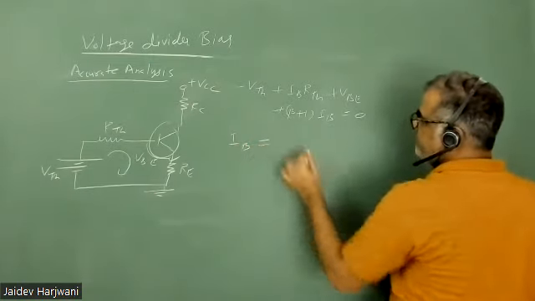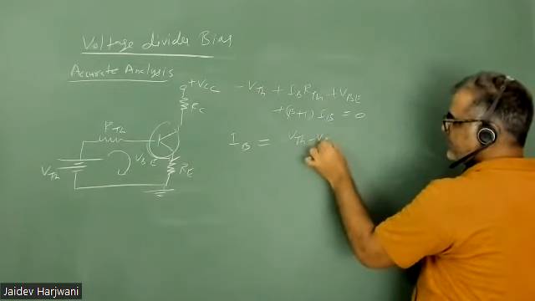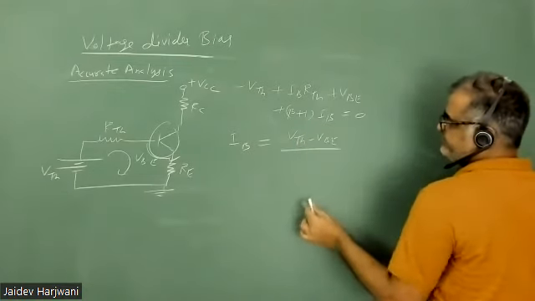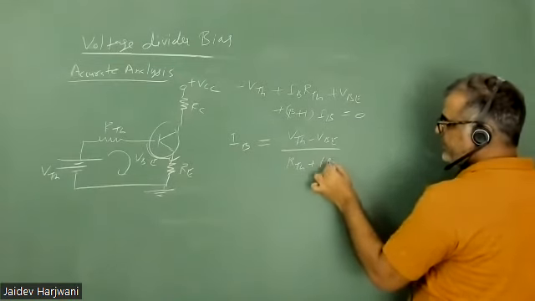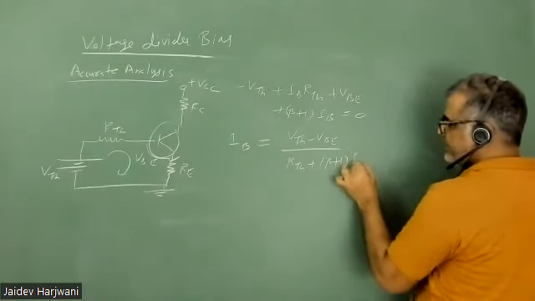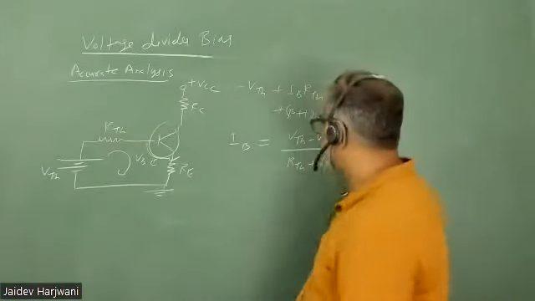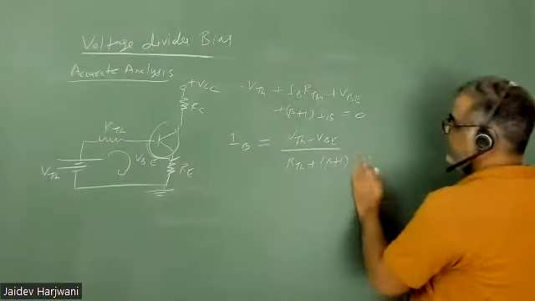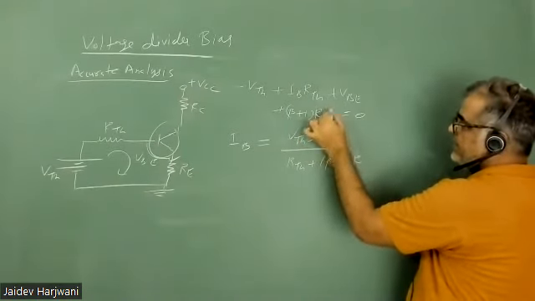I can find the IB value here: IB equals VThevenin minus VBE upon R Thevenin plus beta plus 1 RE.